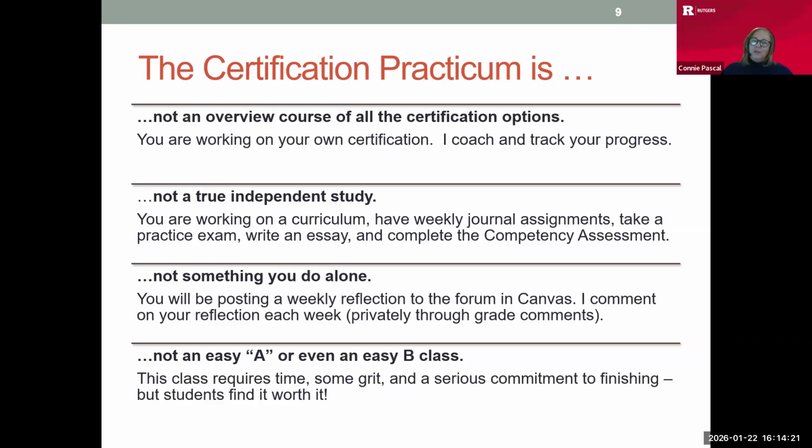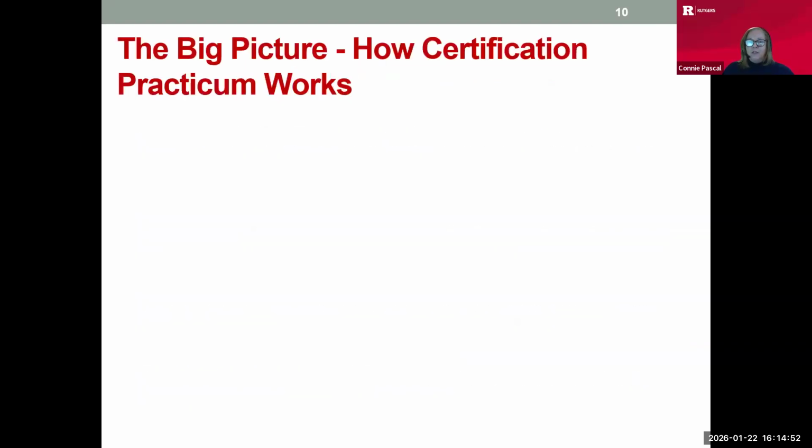We're actually using the class to help you learn the things that you are going to be tested on, and learn it in a hands-on way that we can't teach you in the classroom, but is best taught by actually doing, if you're not learning on-site with your employer. So it takes some commitment, and it takes time. This is not something that you can just fit in between the rest of your schedule.